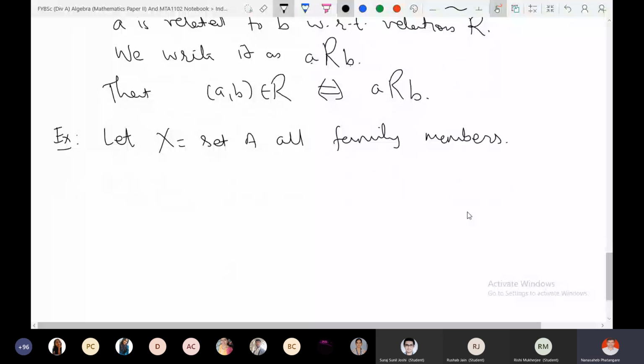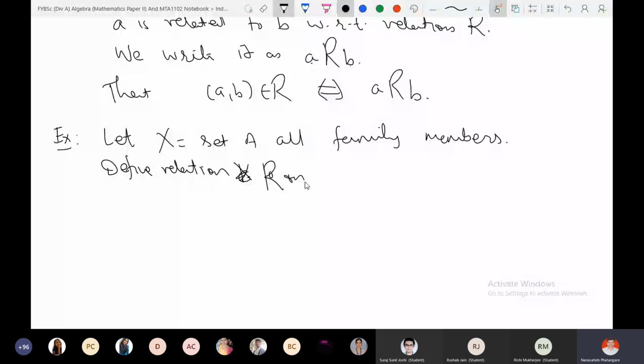And I will define a relation R on X. That means a relation from X to X. So relation on X means X to X.